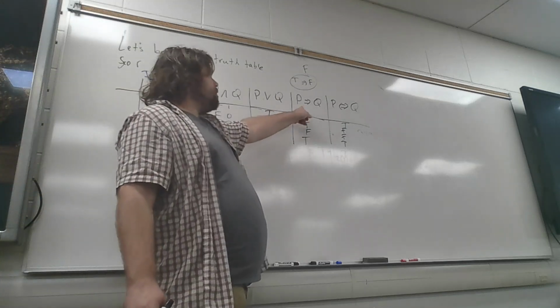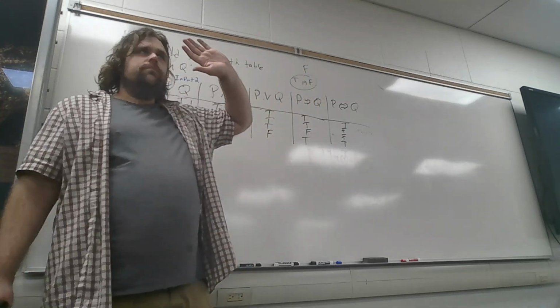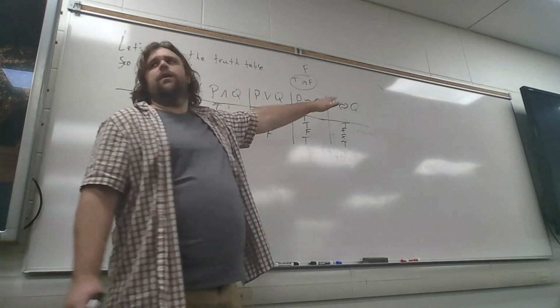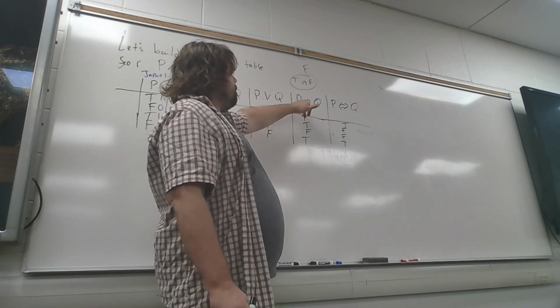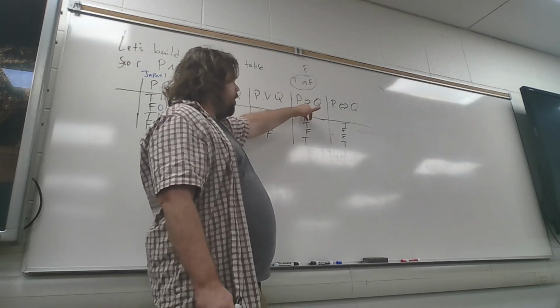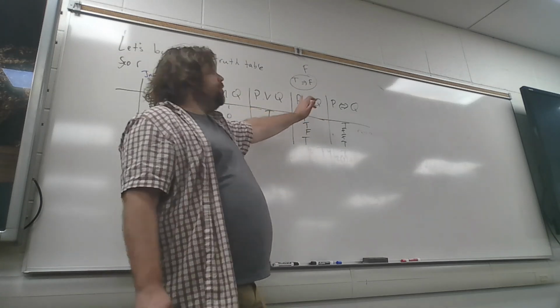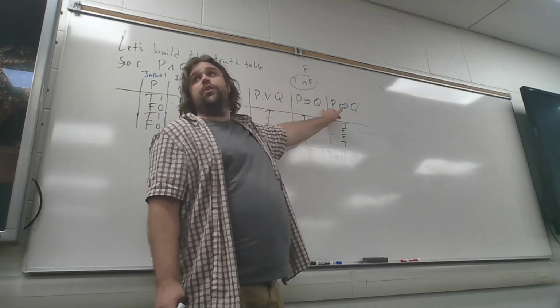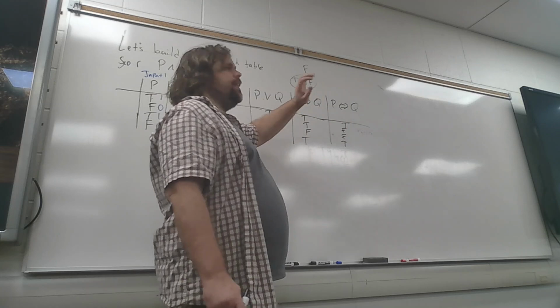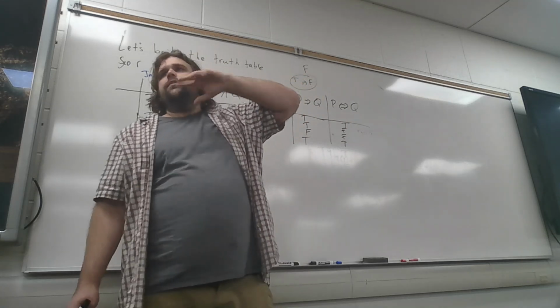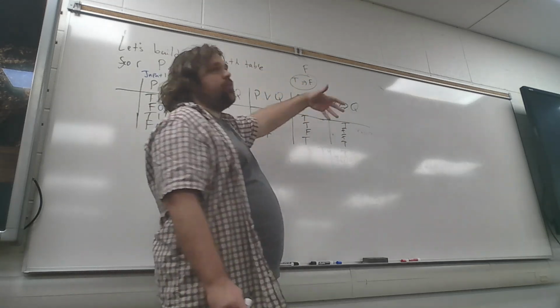Last class I gave a couple of different ways for why this is what it is. But this is just false only when input 1 is true and input 2 is false. Otherwise, it's true. I had an example with numbers, and then I did the promise one.